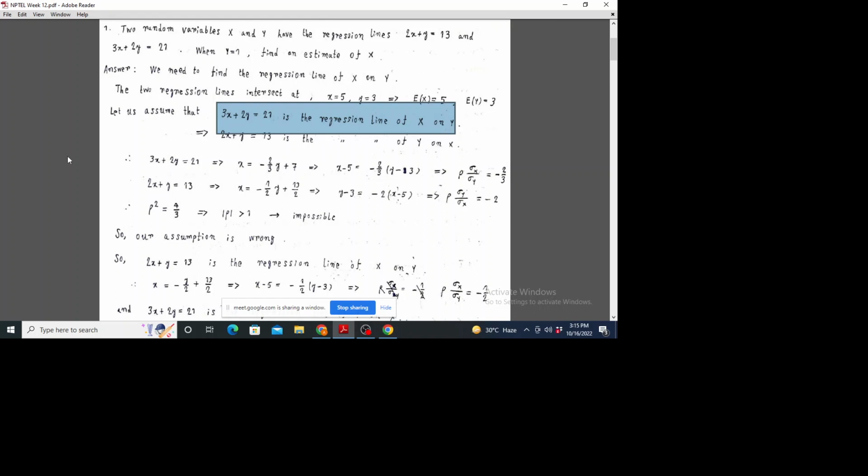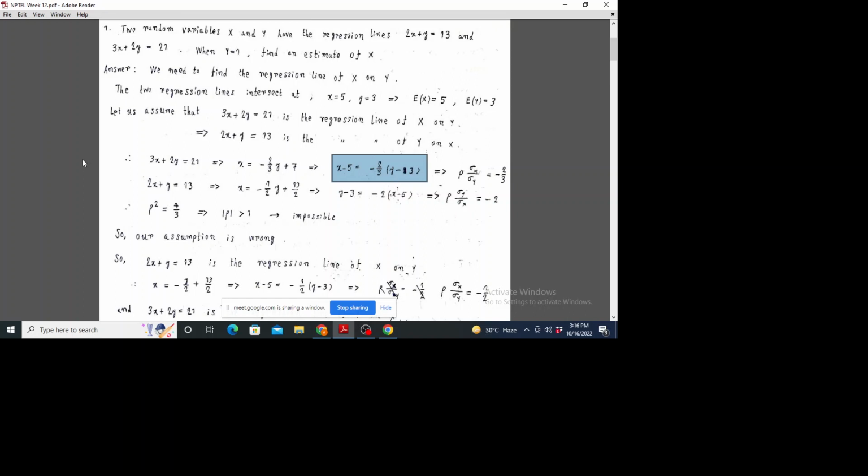What is the general form of the regression line of x on y? It is x minus E[x] equals the regression coefficient b_xy multiplied by y minus E[y].